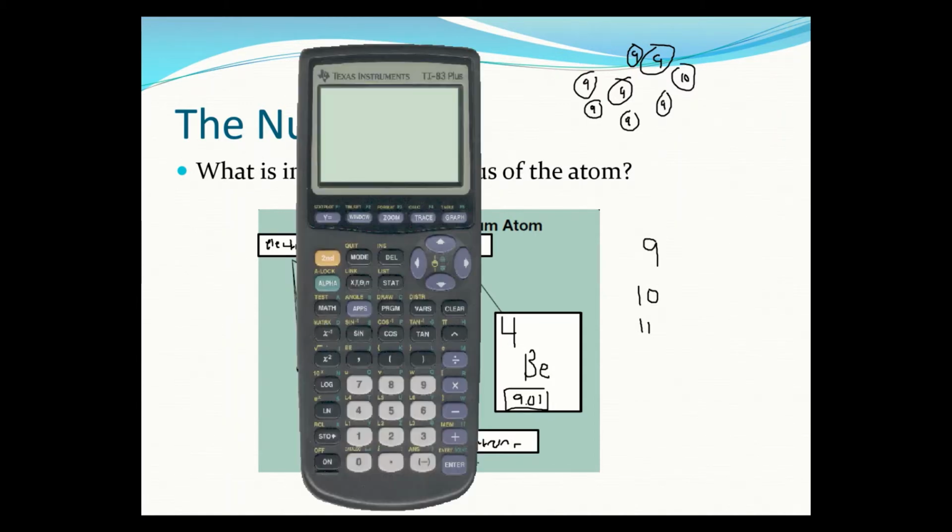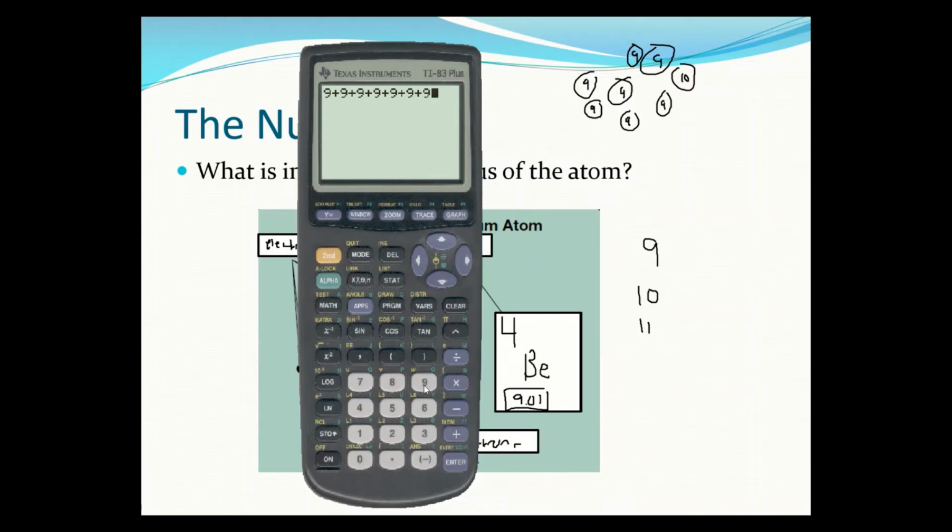So if I take my calculator and go 9 plus 9 plus 9 plus 9 plus 9 plus 9 plus 9, that's how many 9s I have. And then I have a 10. And I find the average, so I divide by how many there are: 1, 2, 3, 4, 5, 6, 7, 8. So I divide that by 8.